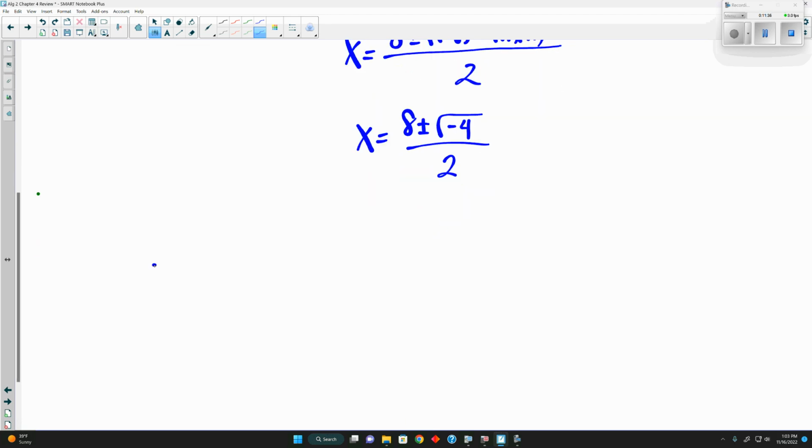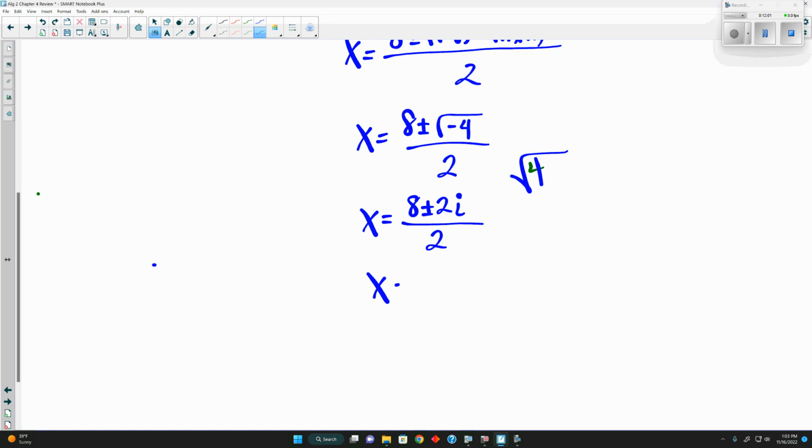Now looking at this here, we can take the negative out as i, which leaves us with the square root of 4. And what's the square root of 4? So we have 8 plus or minus 2i divided by 2. Are both numbers in the numerator divisible by 2?